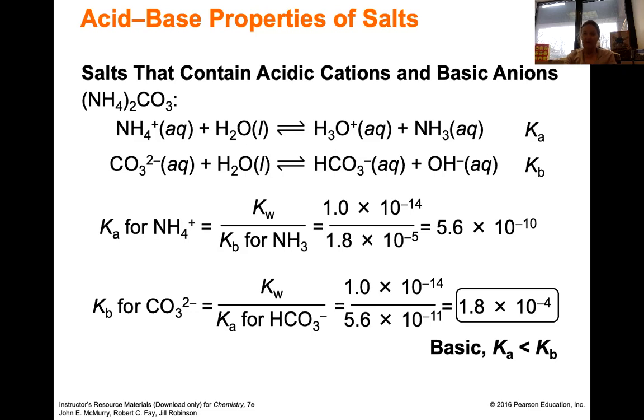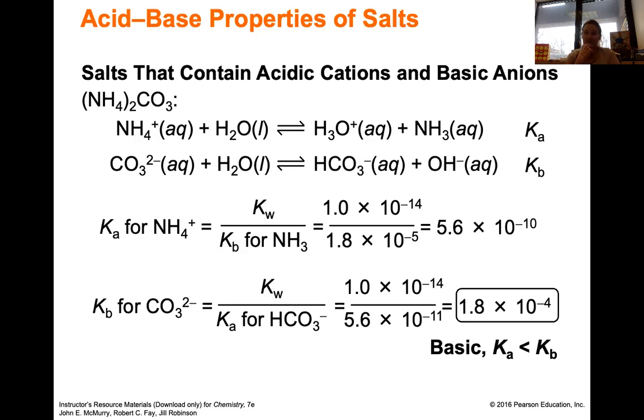So if we compare the Ka for NH4+, we use the Kb from the Kb table for NH3 to get a Ka. So the Ka for NH4+ is 5.6 times 10 to the minus 10. The Kb for carbonate, if you calculate it, you will get 1.8 times 10 to the minus 4.